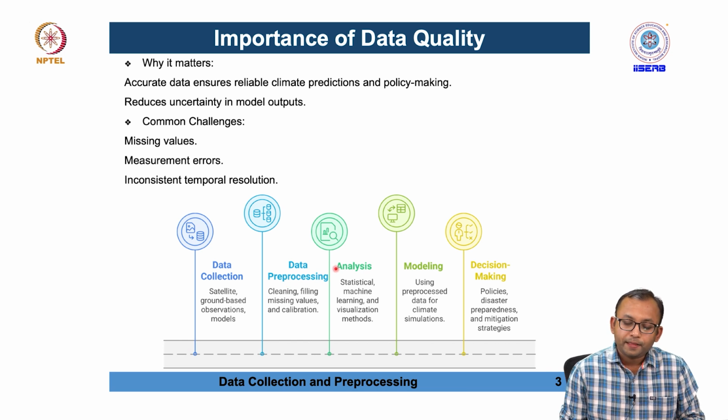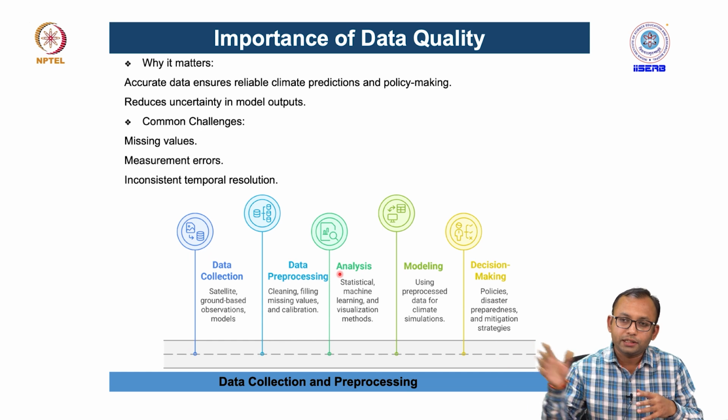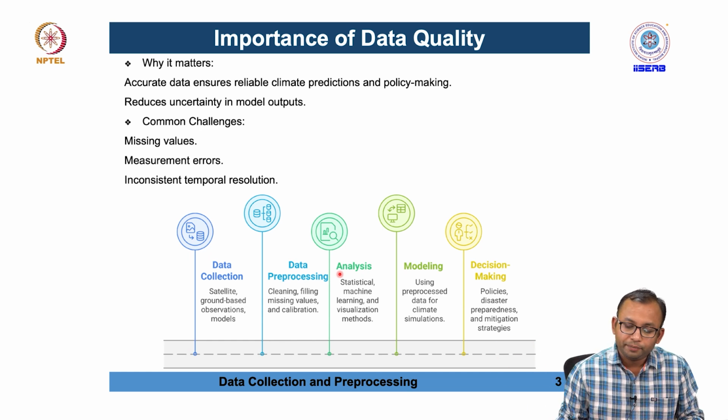Then we do some analysis, either purely statistical methods, or machine learning based, or visualization methods, to look into whether the data set we have collected has a meaningful trend or meaningful seasonal pattern, and it can also be used for multiple different purposes.